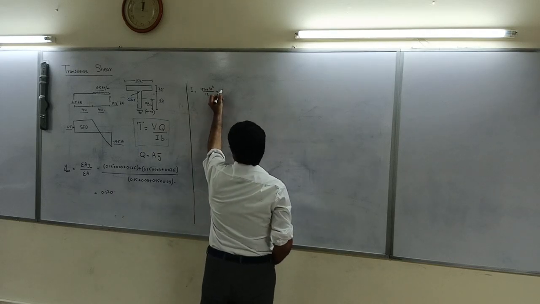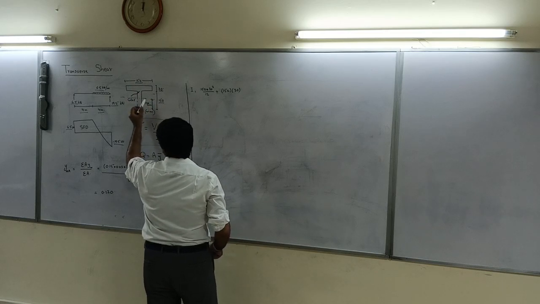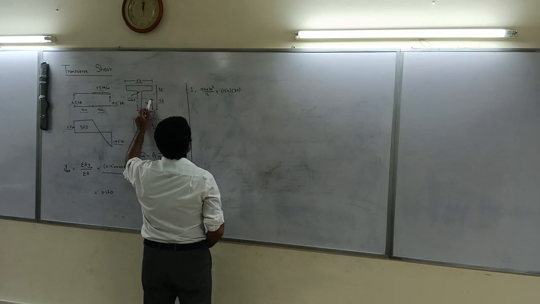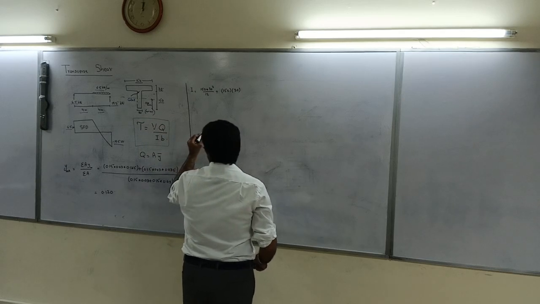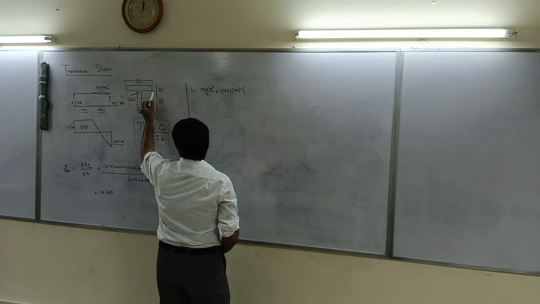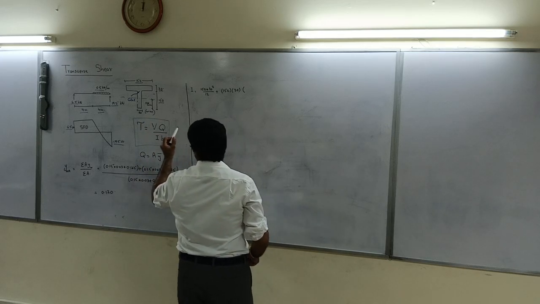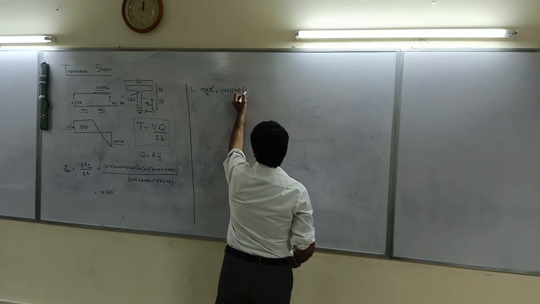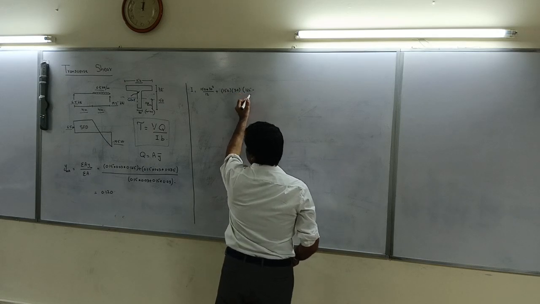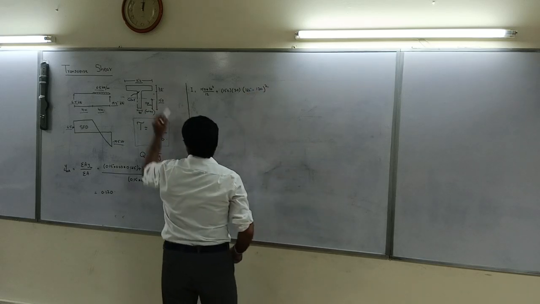So area is 150 into 30, and this one is area times d z squared, that is 165 minus 120, whole square.